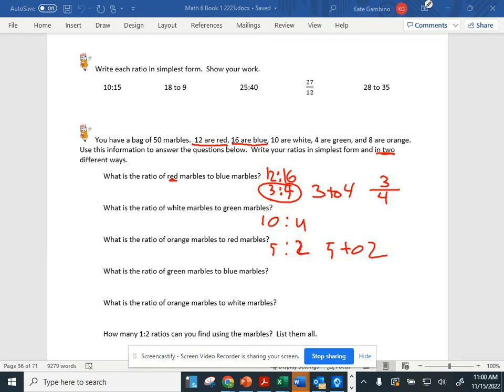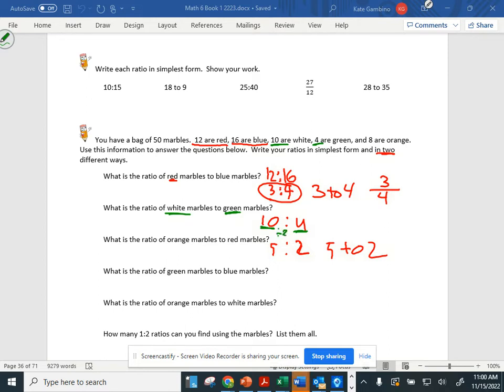Good. So what Aiden did was he looked at his white. There are 10 of them, so that's his first number. To green. Green is our second number. There are 4 greens, so 10 to 4. Then he looked and said, oh, 10 and 4, I can divide out of that and go simpler.